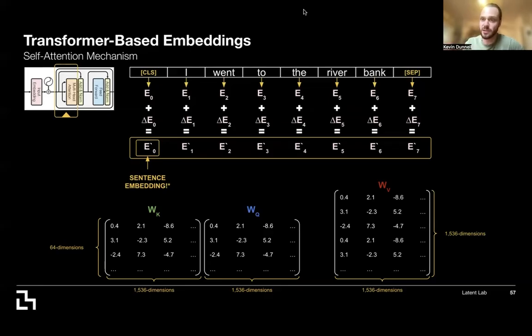And the value matrix is, if we look at it, orders of magnitude larger than the key and query matrix. But we can actually optimize this.